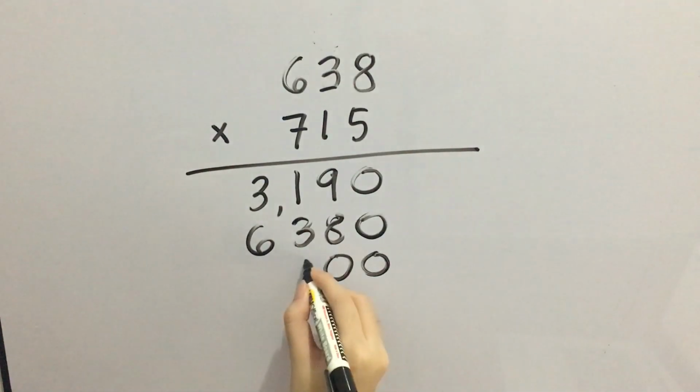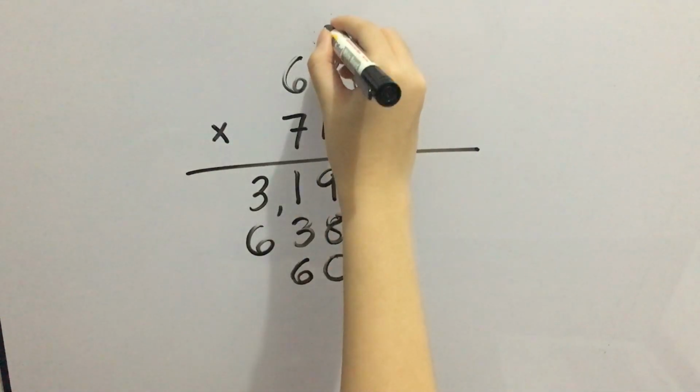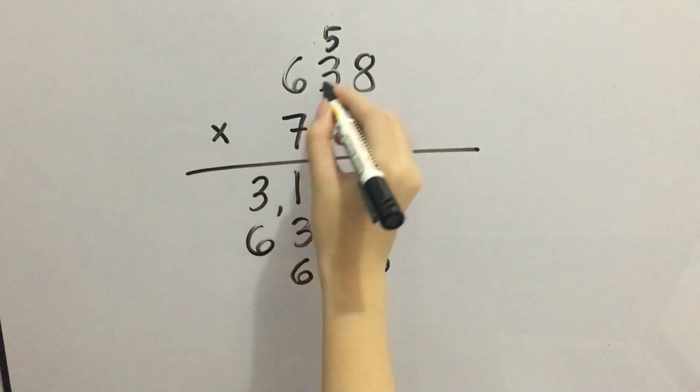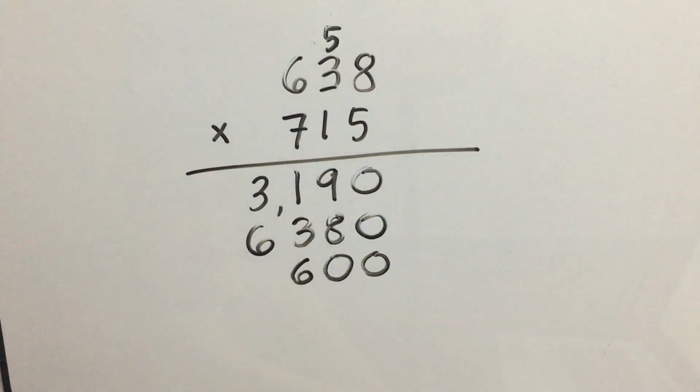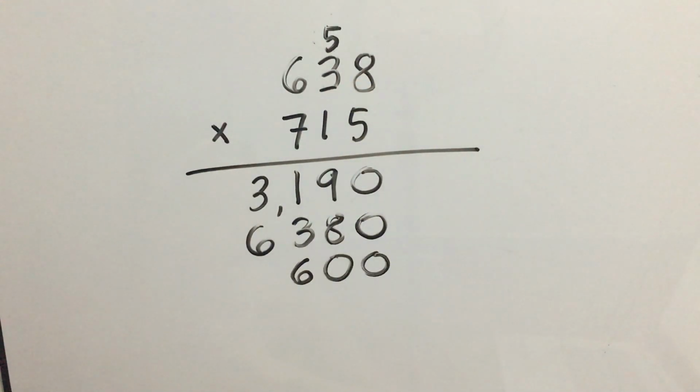We write 6 in the hundreds column and carry 5 in the tens digit of the multiplicand. 7 times 3 equals 21 plus 5 equals 26.